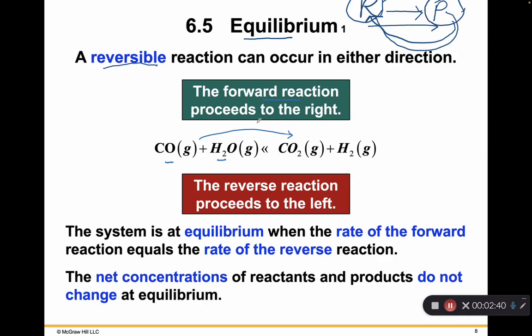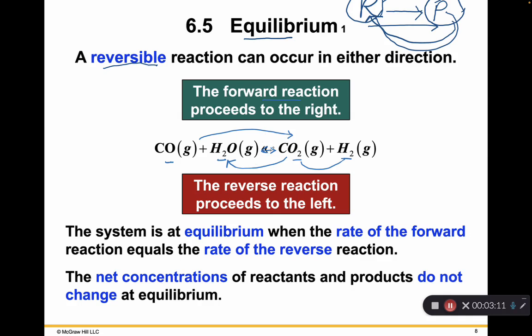The forward reaction will always proceed to the right. And now we have the products, carbon dioxide and hydrogen gas. Now they will also collide with each other, and now they can form the reactants back. We call this the reverse reaction. It proceeds from the right to the left. And we have a reversible reaction.